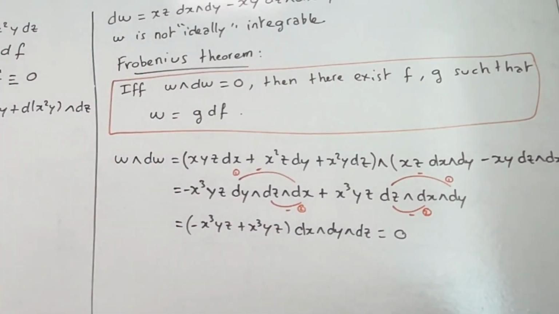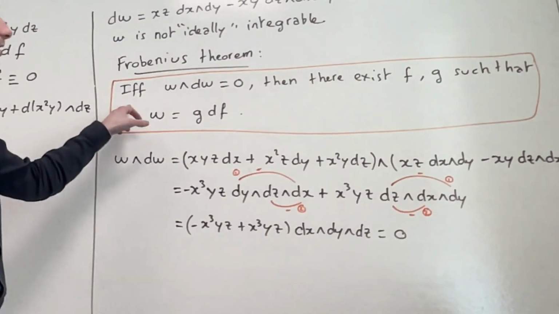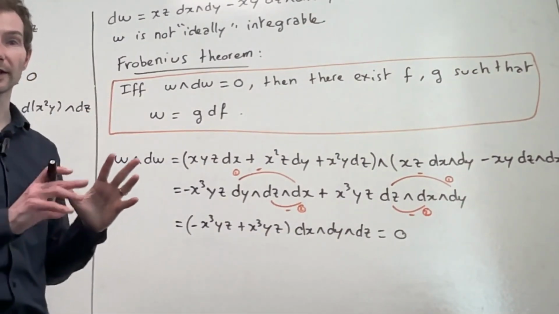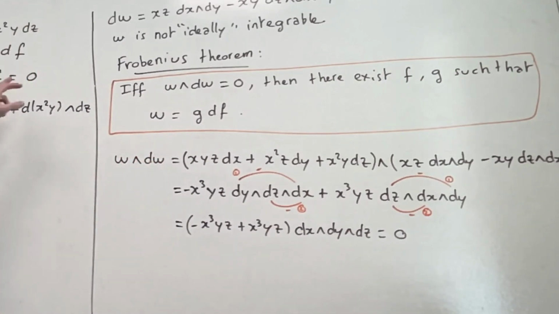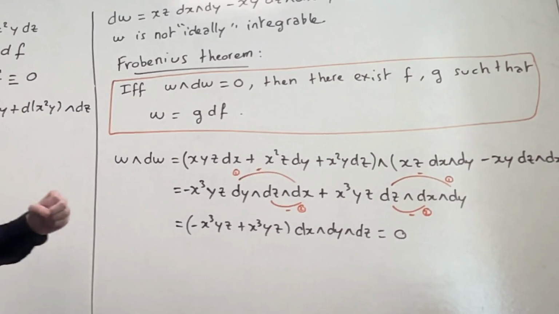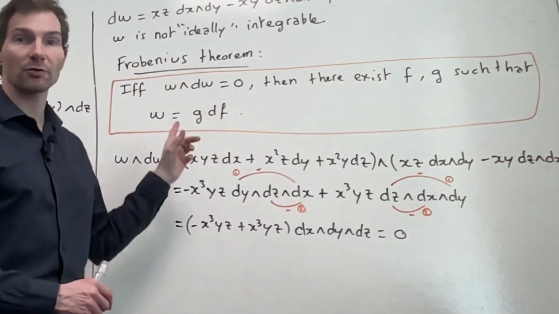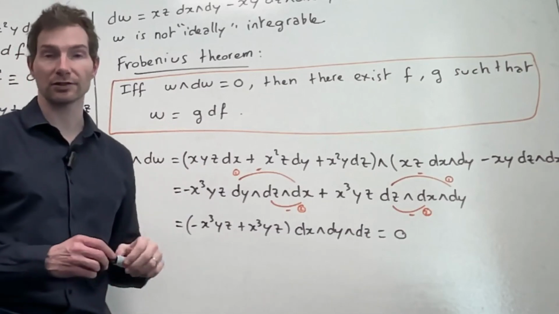So from this theorem, we see that the problem of integrability can be salvaged. There is a way to find some functions f and g such that omega can be expressed in that fashion.